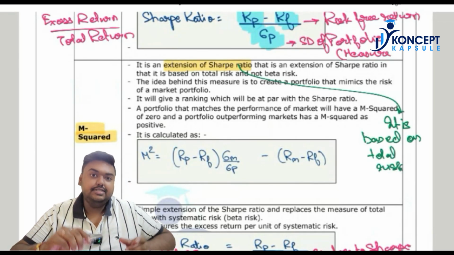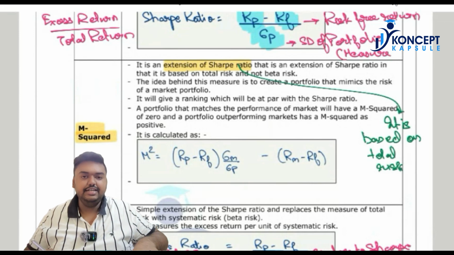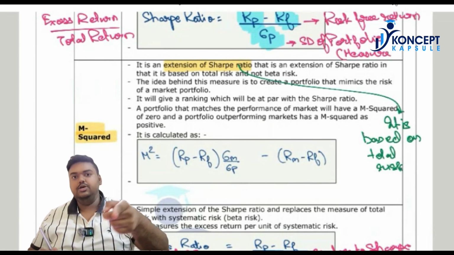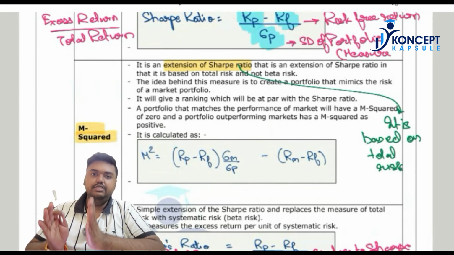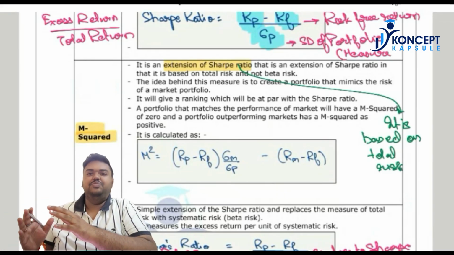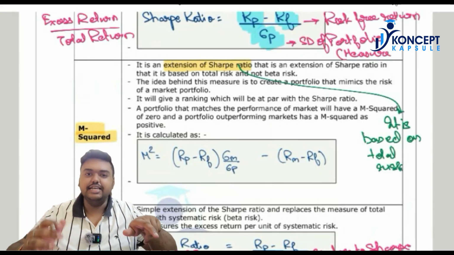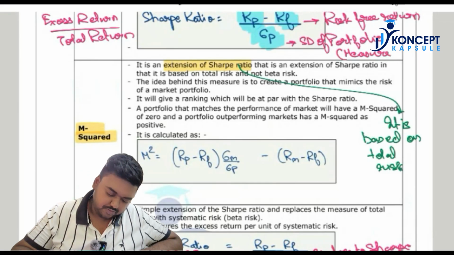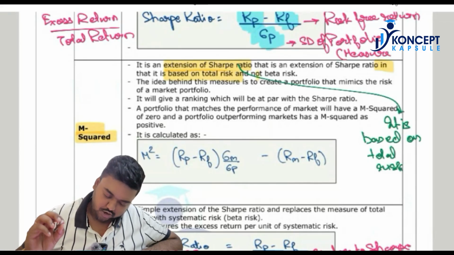Guys, since it is based on total risk, we are saying it is an extension of Sharpe ratio. But I am telling you, once we do it, you will see it is more related. It is more like the Jensen's alpha, but instead of beta, there is sigma. Okay, let us see. It is an extension of Sharpe ratio in the sense that it is based on total risk and not beta risk.